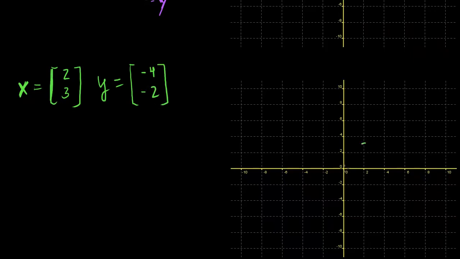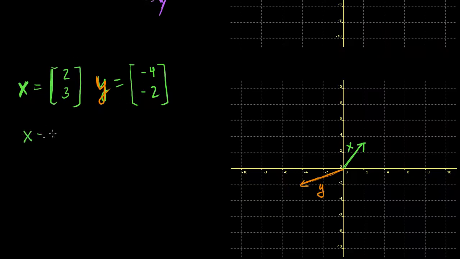It'd look like that. That is our vector x if we start at the origin. And then what does vector y look like? I'll do y in orange. (-4, -2). So vector y will look like this.